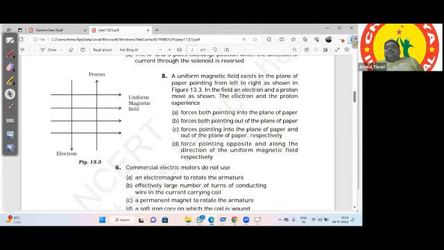Read the question, use the rule and tell the answer. Without using the rule also you can tell the answer. If you just read the options, you can tell the answer.